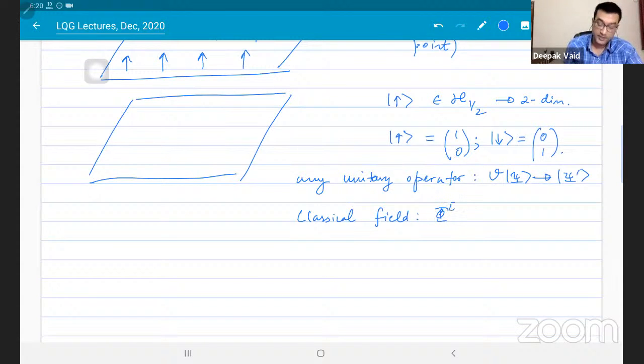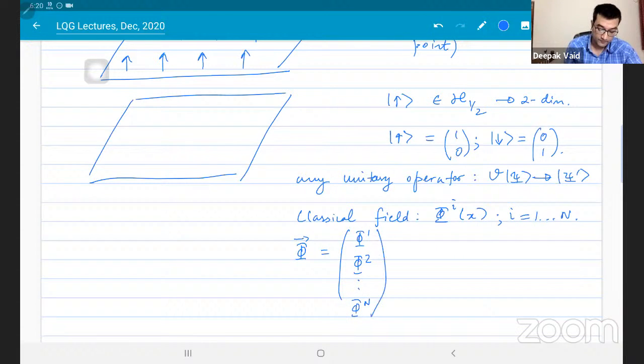That means you have a scalar field phi, only it has more than one component: phi_i(x), where i goes from 1 to n.